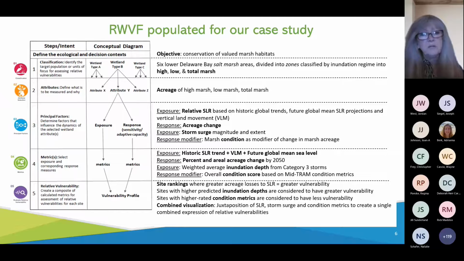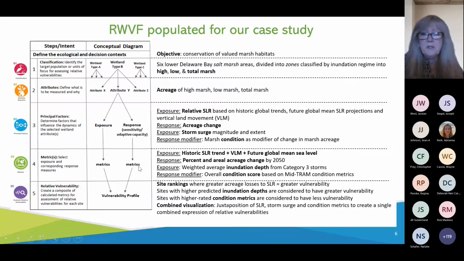We projected those out to 2050. We used the SLOSH model to look at inundation as one of the metrics we examined for storm surge impacts. We also looked at number of storm strikes, and we used MidTRENDS condition metrics to look at marsh condition.